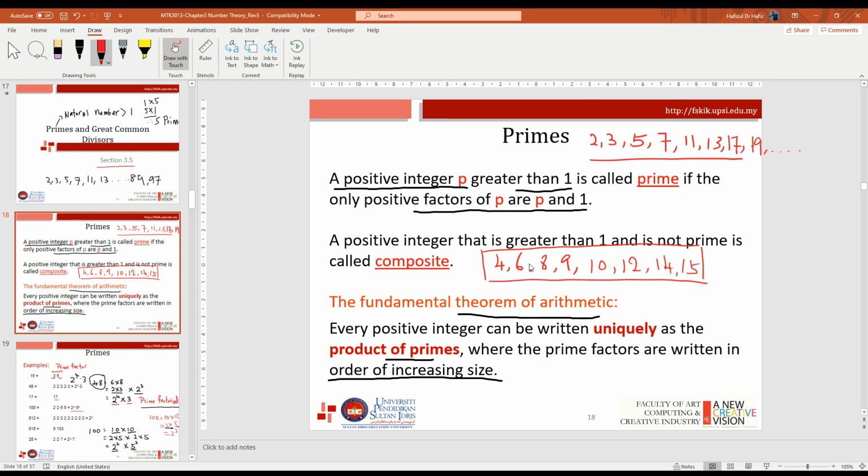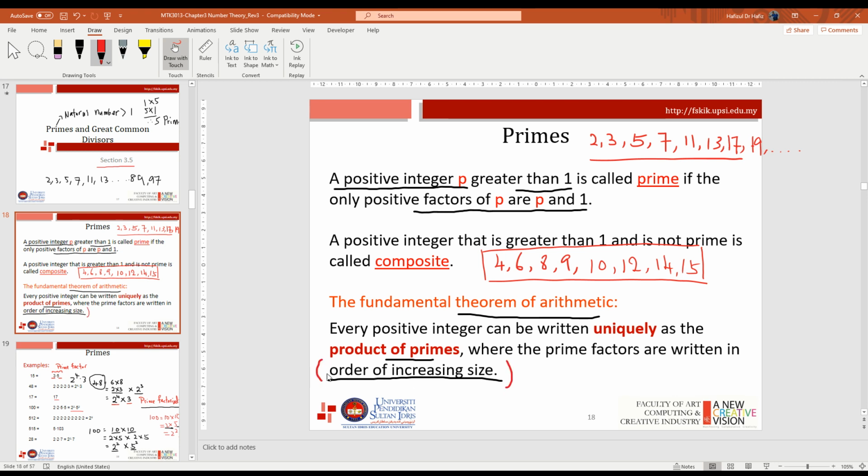If you ask me whether a negative number is a prime, the answer is absolutely not, because a prime must be a positive integer. And then the fundamental theorem of arithmetic: every positive integer can be written uniquely as the product of primes, where the prime factors are written in order of increasing size.